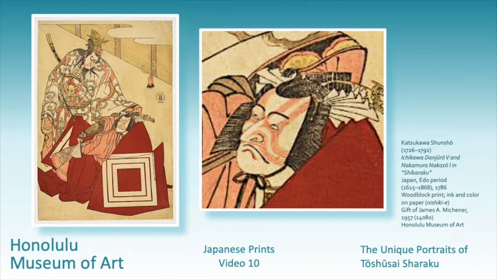This stylistic feature became a hallmark of works by the Katsukawa school, which Shunsho founded. Shunsho's emphasis upon realism in the portraits of kabuki actors inspired his followers to further develop nigaoe in intriguing ways.